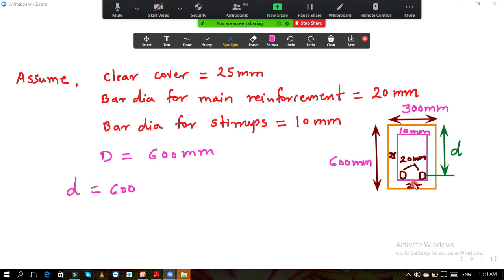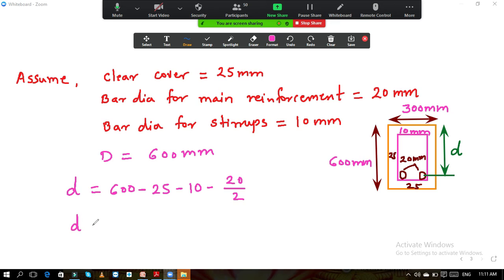That is your clear cover. Then this is the bar of the stirrups, and this is the main reinforcement. So if I do it, 600 minus 25, this is my clear cover, minus 10, this is the stirrups bar diameter, and minus 20 by 2.